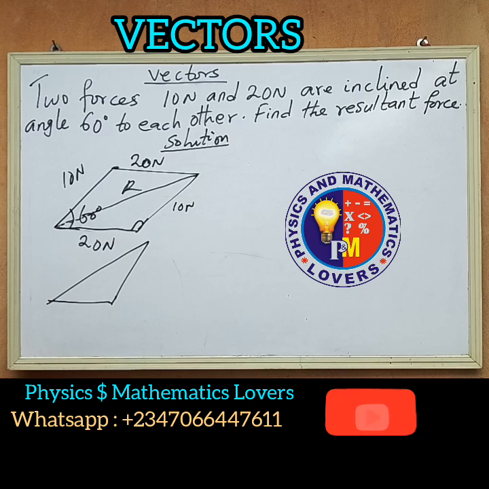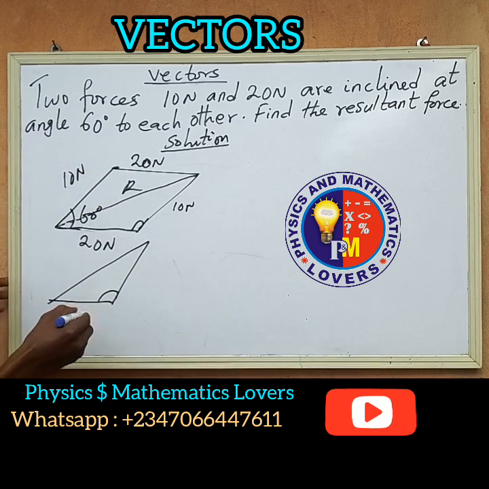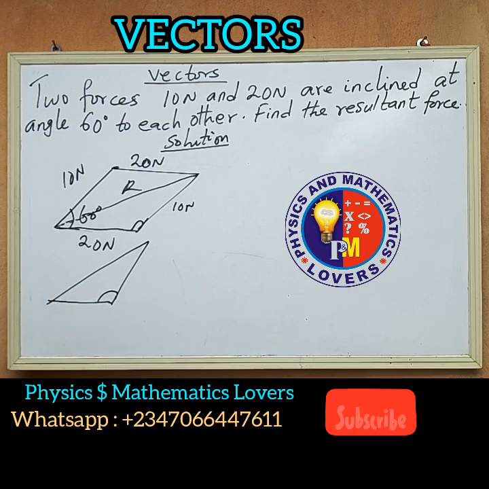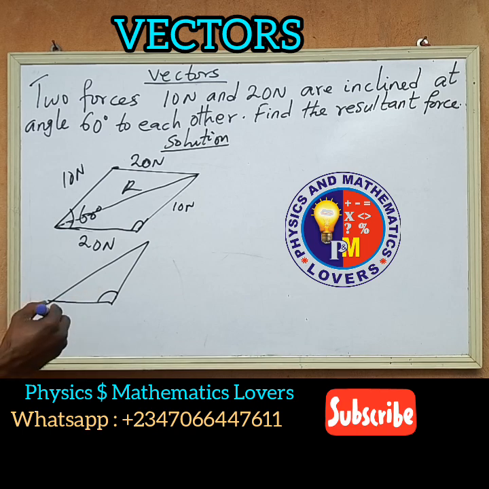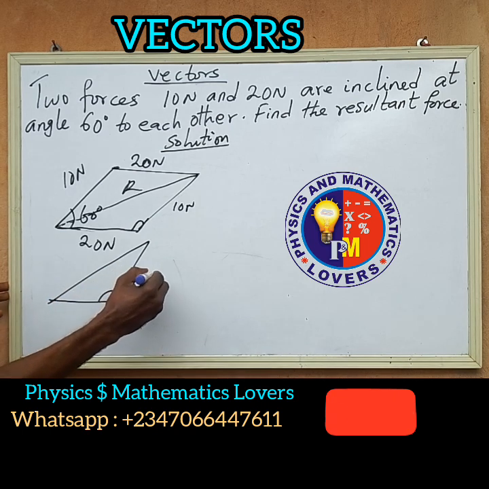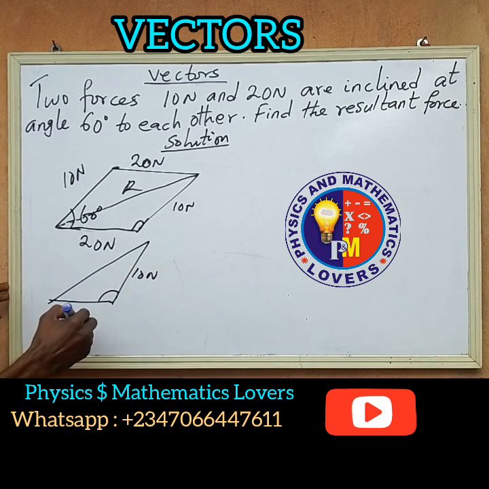So having completed the parallelogram, we have something like this, and at the end of the day, we need this angle. How do we get this angle here? Here becomes your 10 Newton, and this is your 20 Newton. Don't mind the drawing, it's not to scale.